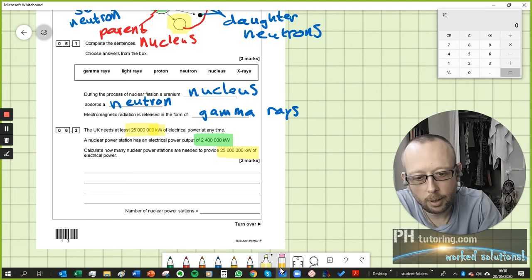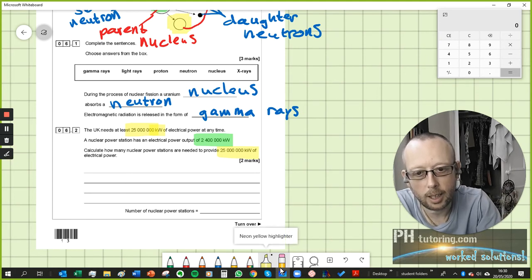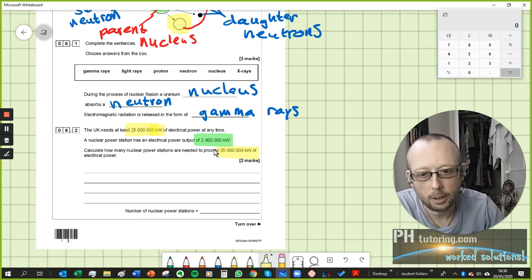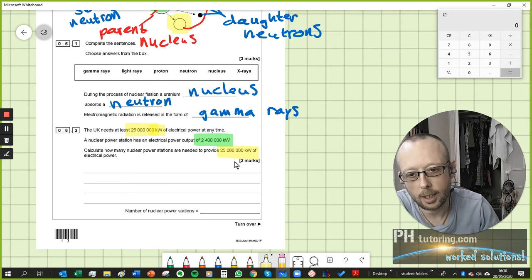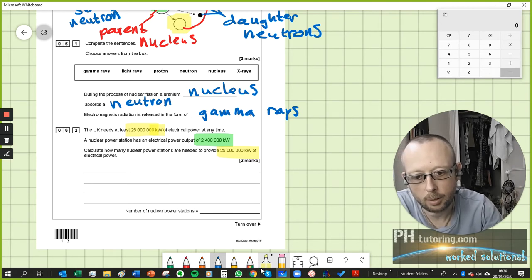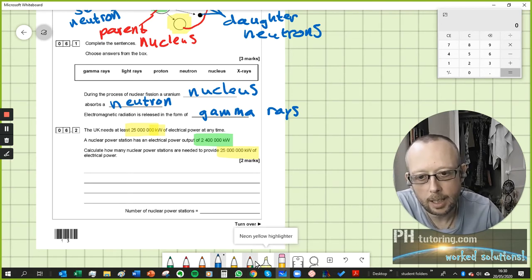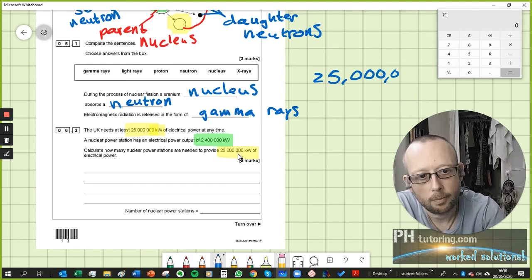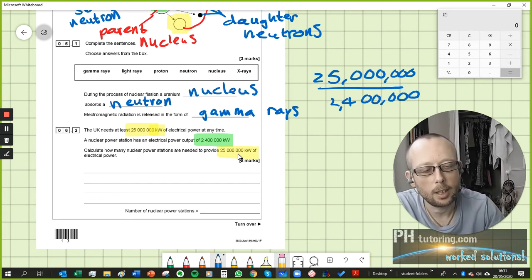So if we need this and each one will give us that, then to work out how many lots of this would go into that, well, that's divide. So 25 million into 2,400.